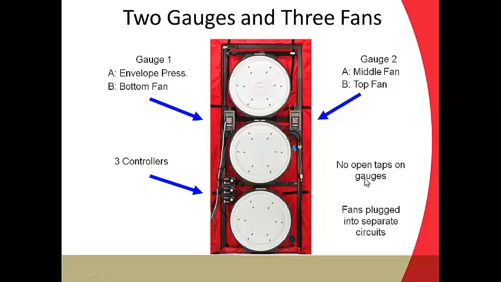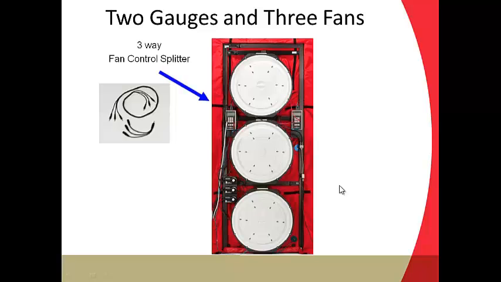And again, as I mentioned before, we don't want to leave any taps open. So we've got tubing connected to all of the taps because we're in a turbulent airflow area in this location. And we want fans plugged into separate circuits so we don't blow breakers. We use a 3-way fan splitter. So we're splitting our signal off one DG700, and we've got a 4-foot cable here, and we're running that down and plugging it into the 3 controllers.